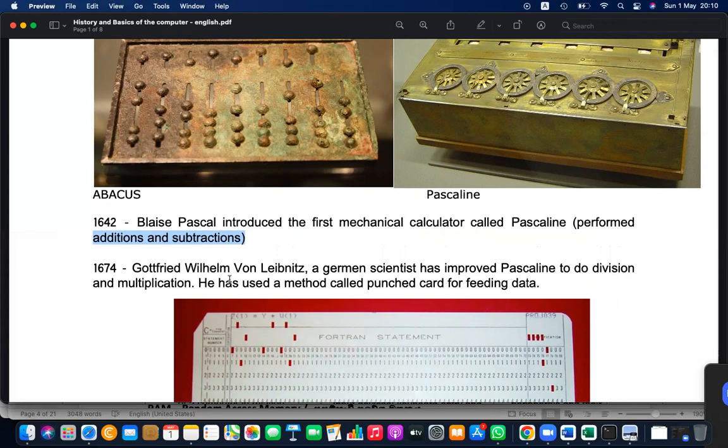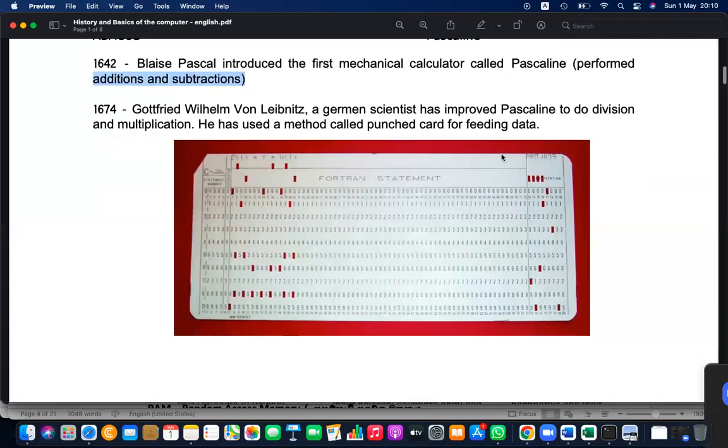Gottfried Wilhelm von Leibniz. He's a German scientist, and he has invented something like this. This is called a punch card. You can see this is a cardboard, but it has some holes. These holes are used to store data, or to input data or to output data.